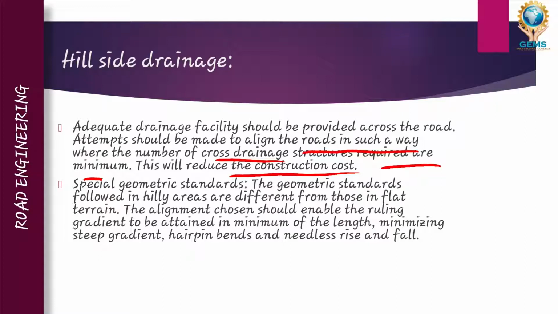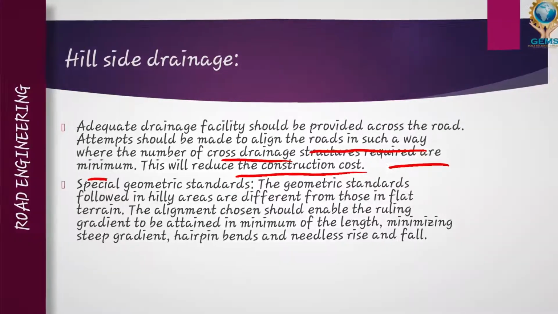If we are giving side drainage, we should see where the cross drainage is provided, and in hilly areas we should provide side drainage to prevent the road from breakage. And if it is prevented from breakage, the maintenance and construction cost will be less for hilly area roads.